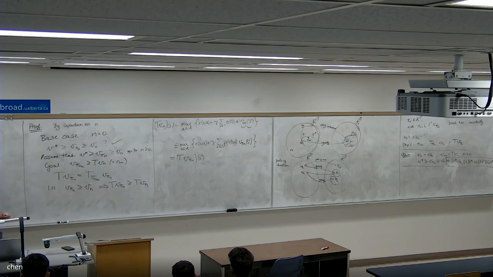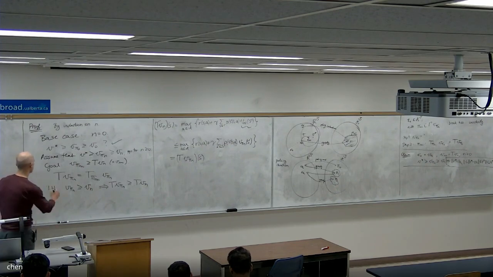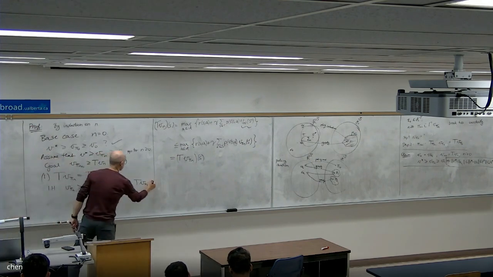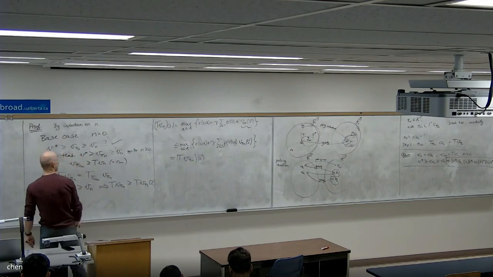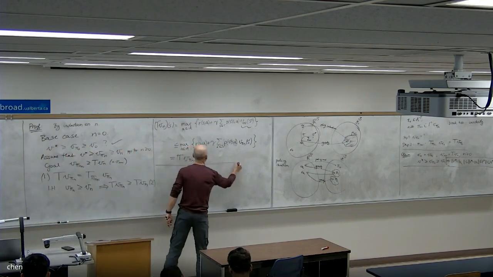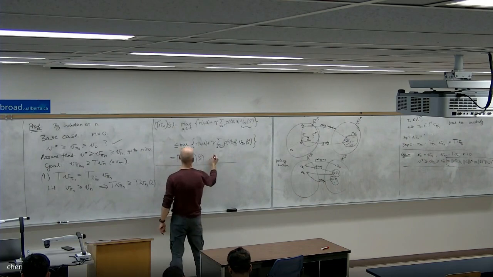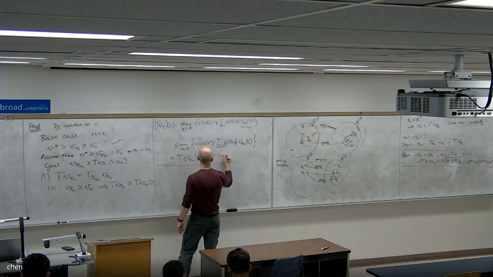If you have a function that keeps this ordering of the functions, then we say that this function is monotonic. So we have this equality, and we have this inequality. So 1 and 2 together, this proves 2.